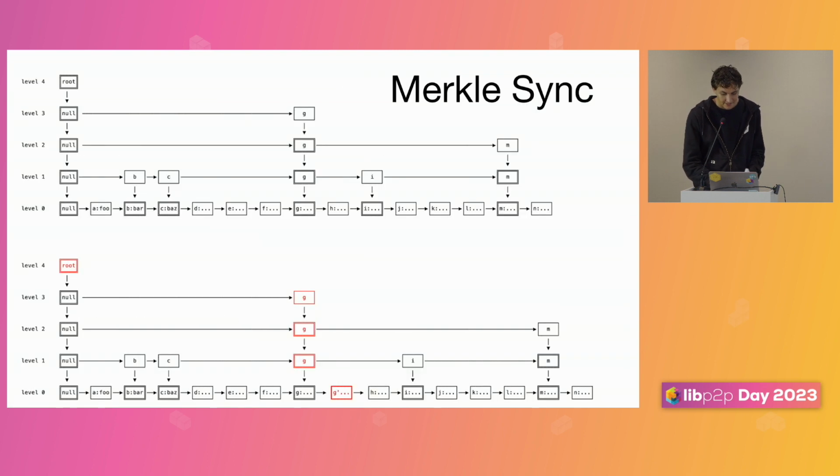So we have this idea of Merkle sync. You absolutely can choose to conduct Merkle sync over just a range of the leaves. This is something we're not doing right now, but we have it in the back of our minds for the future.